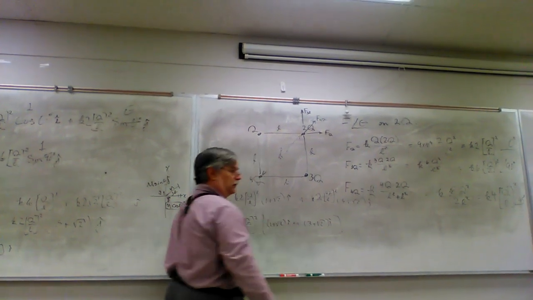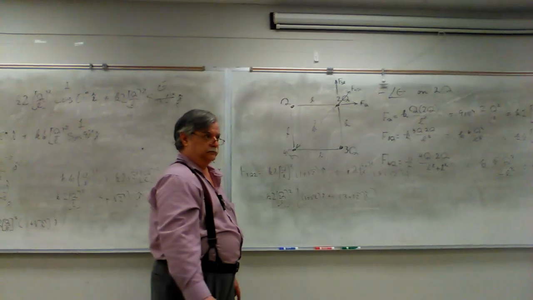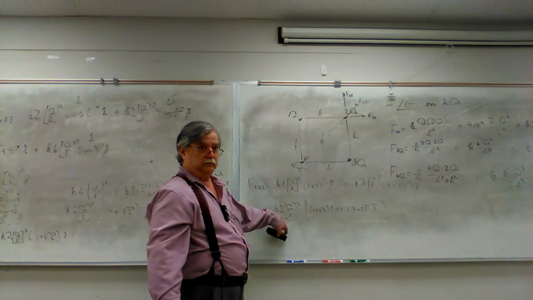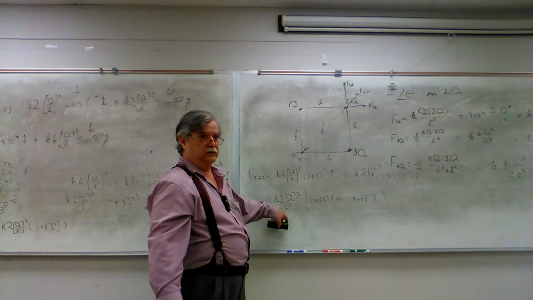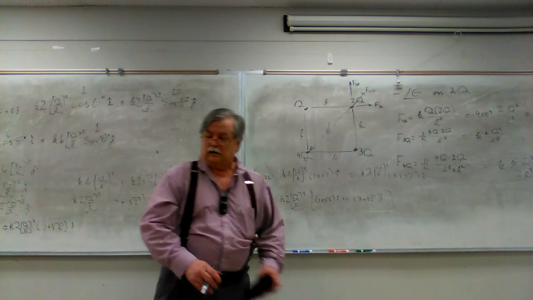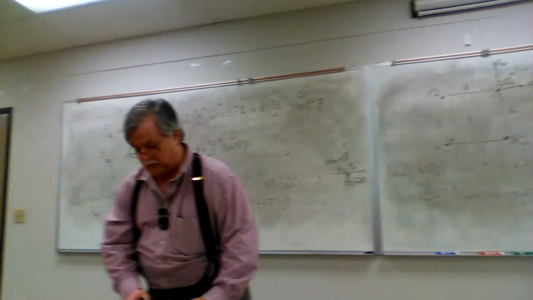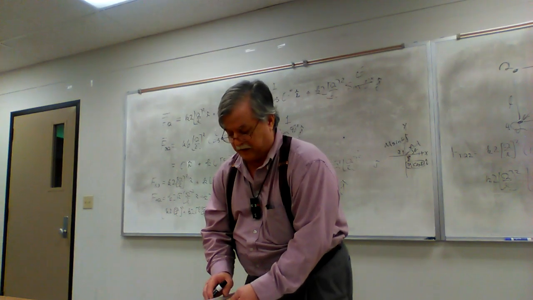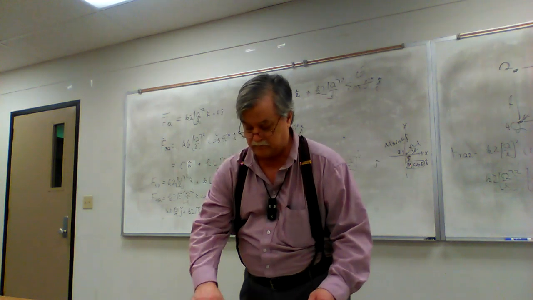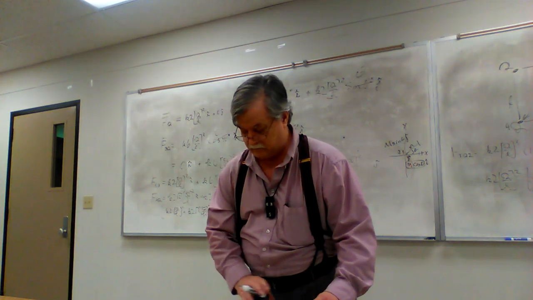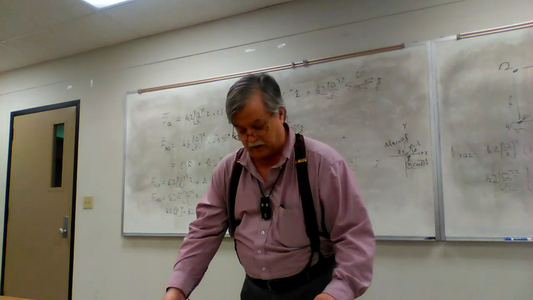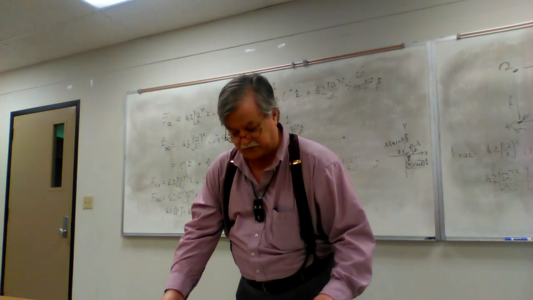These are all numbers, so we can punch these into our calculator. K times 2 is also a number. And K is just 9 times 10 to the 9. So let's look and see what form they're expecting this to be in. Okay, now they leave K Q over L squared.